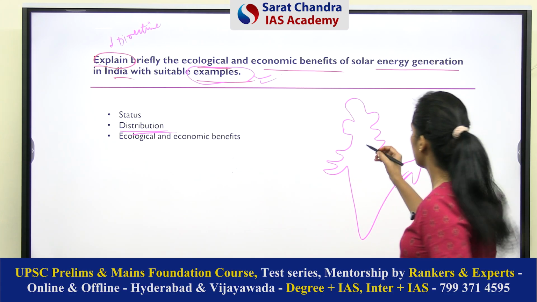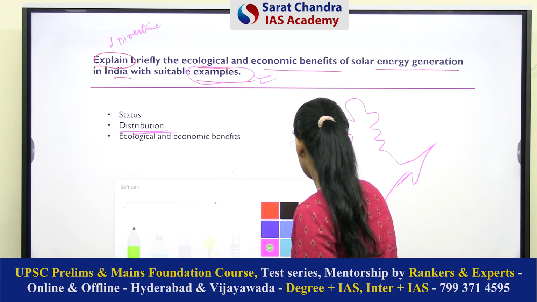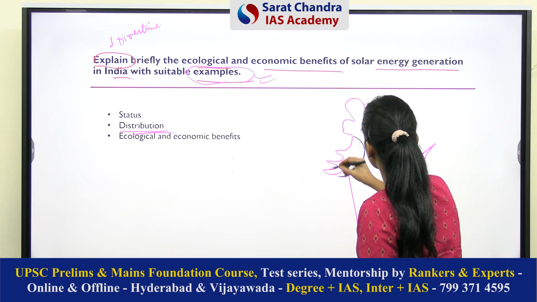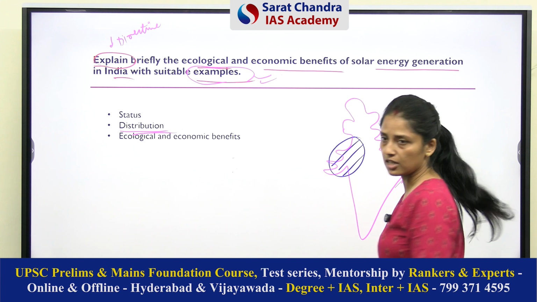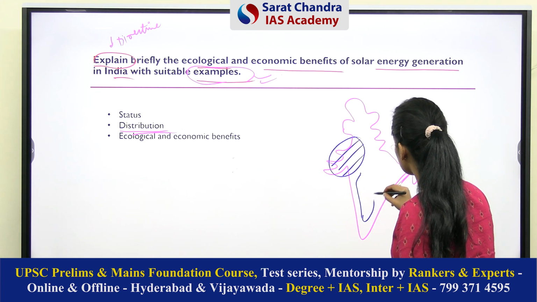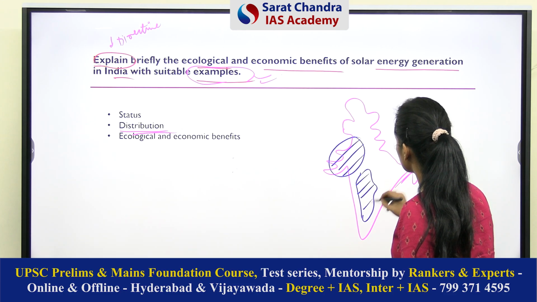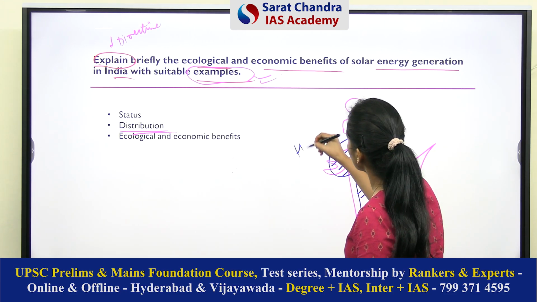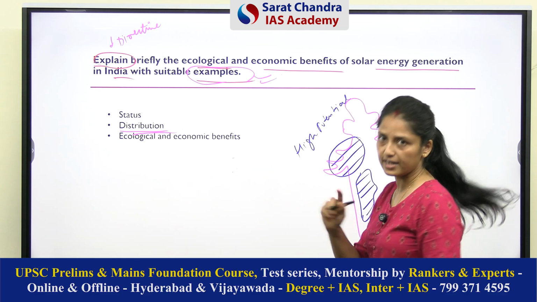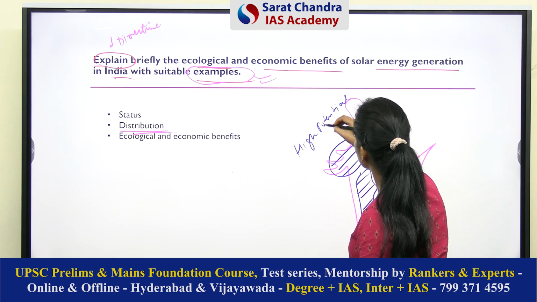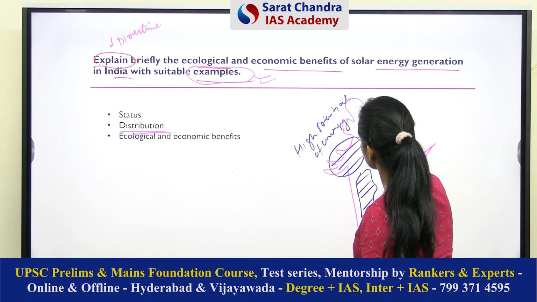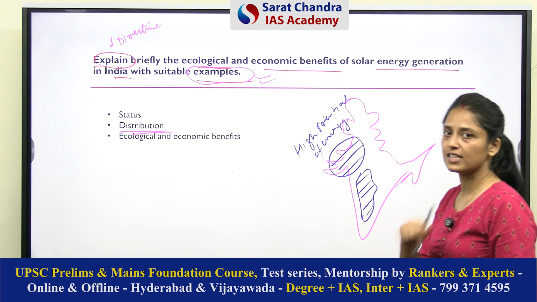Okay, so basically here solar energy potential is very high in the areas of Rajasthan and Gujarat, in the regions of Maharashtra, Karnataka, Telangana, Madhya Pradesh. So these areas have very high potential of solar energy, and they have also generated a huge amount of solar energy. Okay, so what are the reasons for this?